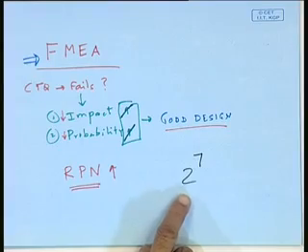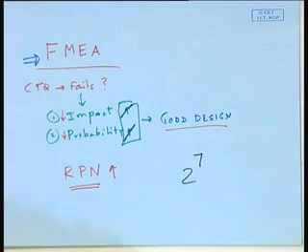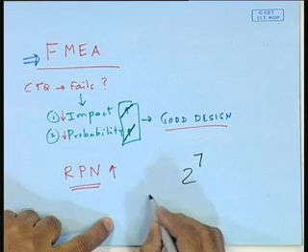We bring in the knowledge of statistics. We bring in the knowledge of the master black belt. And the master black belt says, well, you don't really have to run this many trials. Instead, you could do orthogonal arrays.